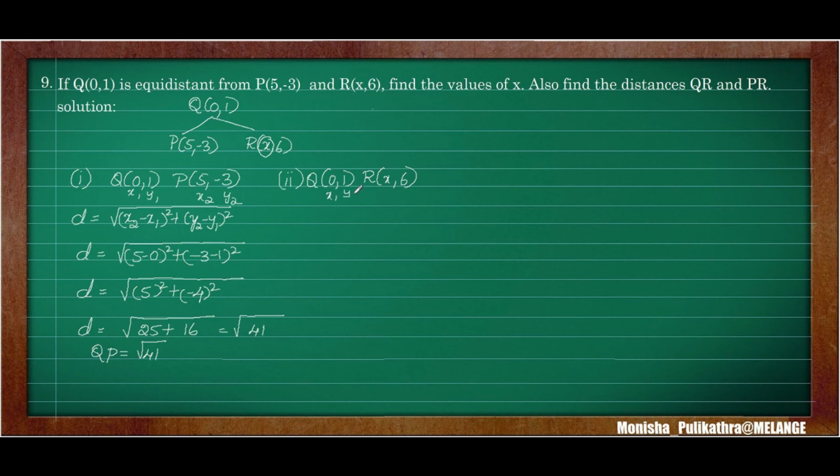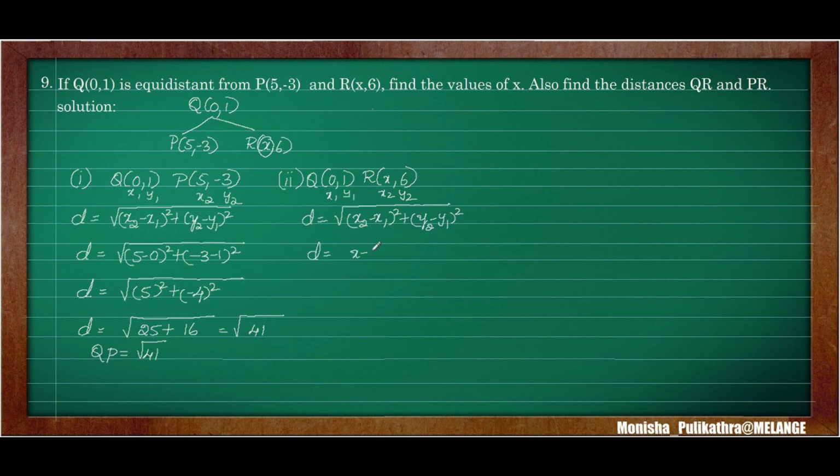Here this is x1, y1 and this is x2, y2. So applying the distance formula, d is equal to the square root of (x2 minus x1) whole square plus (y2 minus y1) whole square.